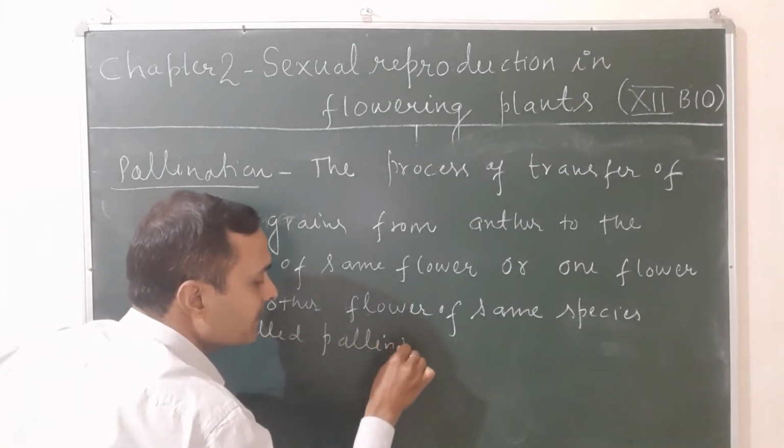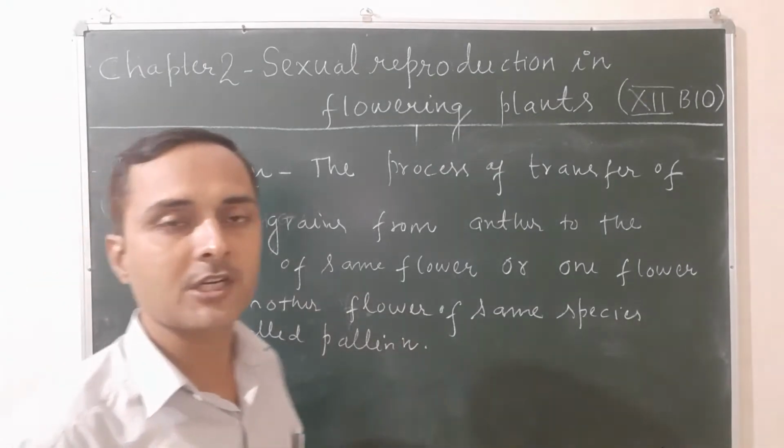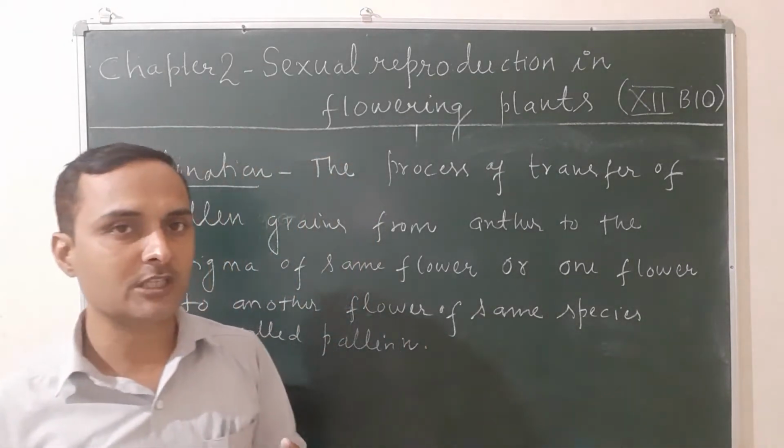You know the simple definition of pollination: the process of transfer of pollen grain from anther to the stigma is called pollination.